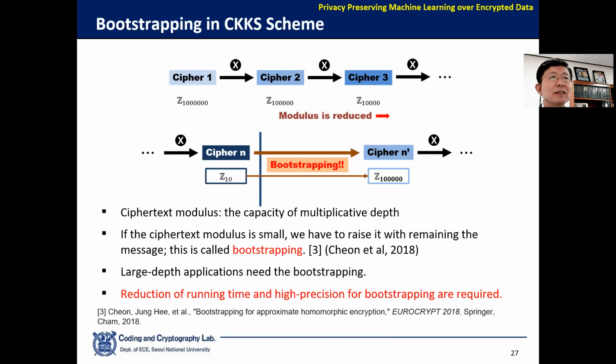So the ciphertext modulus is the capacity of multiplicative depth. If the ciphertext modulus is small, we have to raise it while keeping the message. It is called bootstrapping. So large depth multiplication needs bootstrapping. So reduction of running time and high precision for bootstrapping are required. That's the key issue of bootstrapping in the CKKS scheme.